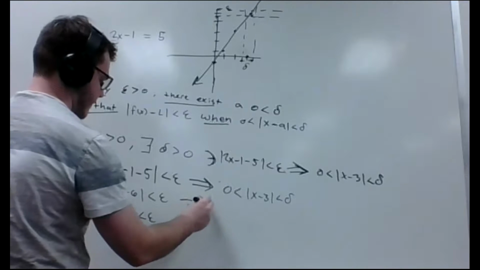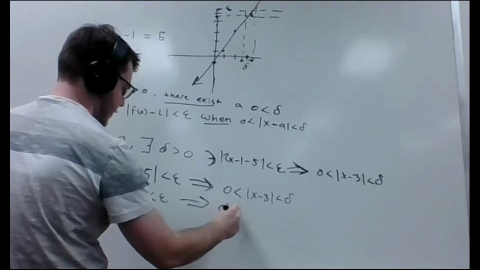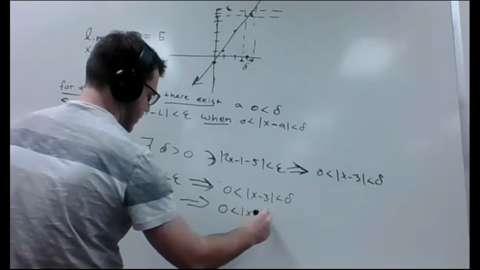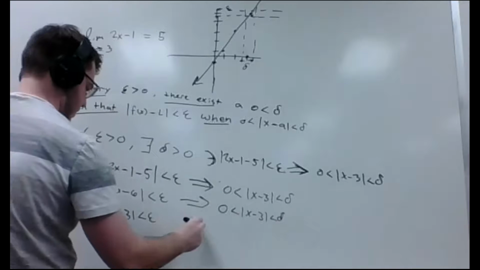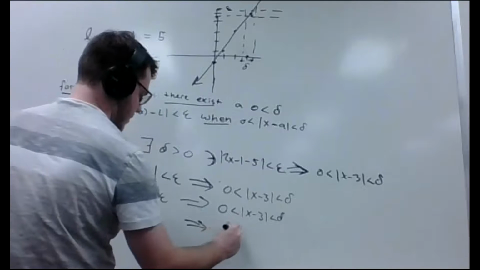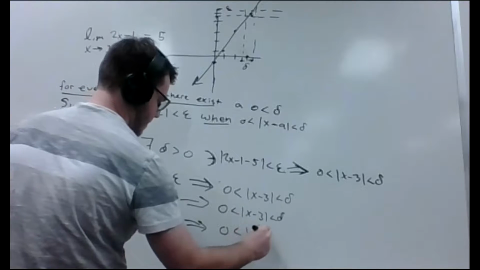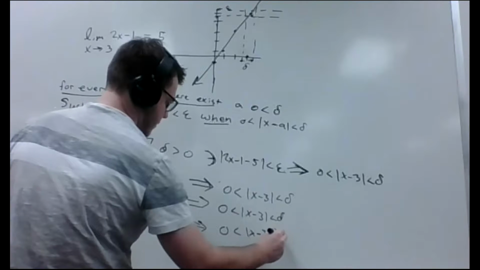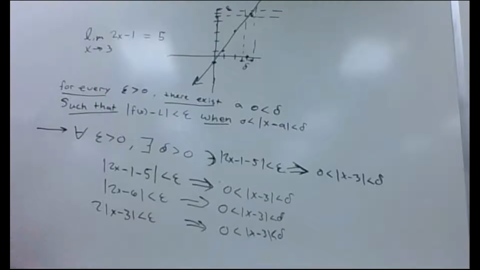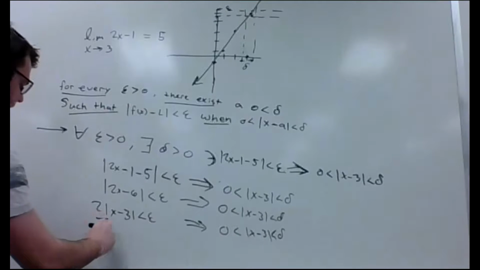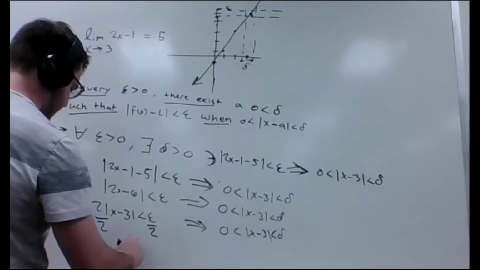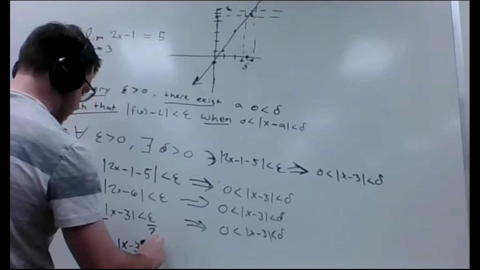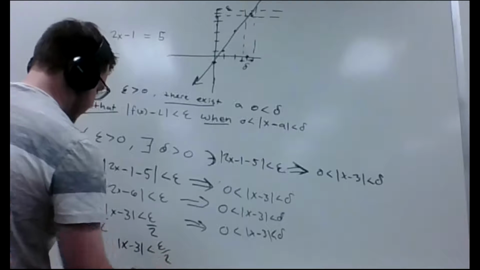These will all have this when statement. It's essentially the same. Now we can divide this 2 across, and we have x minus 3 less than epsilon over 2.